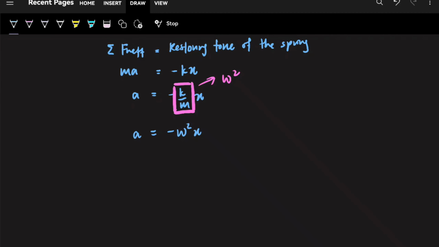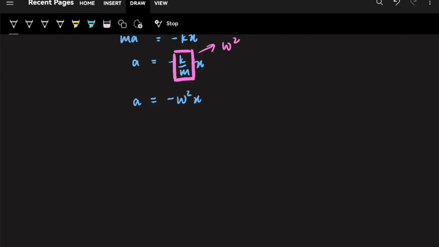Now, let's change this a bit into differential equation form. We know acceleration is dv/dt, so that equals negative omega squared x.